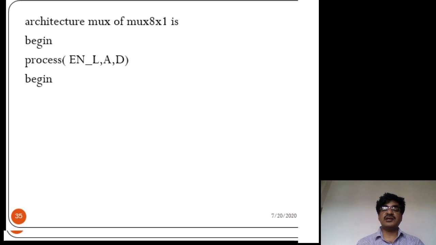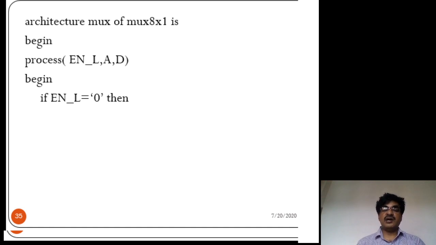Okay, so now first I am checking if enable is 0. If enable is 0, you can observe the functionality of the multiplexer. Okay, so what is the functionality of a multiplexer? Based on the select line information, one of the inputs is connected to the output.